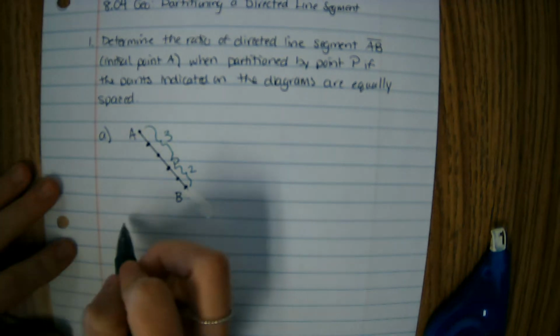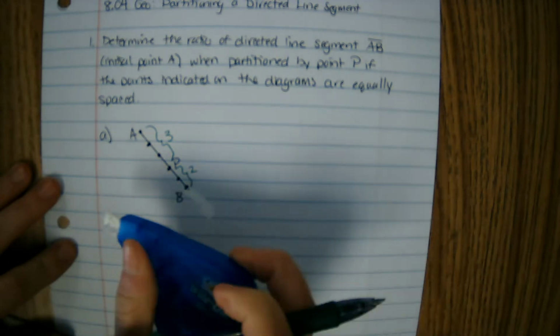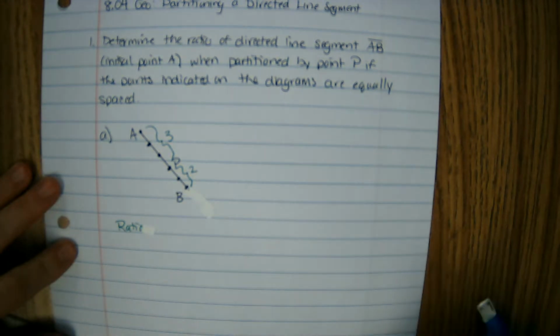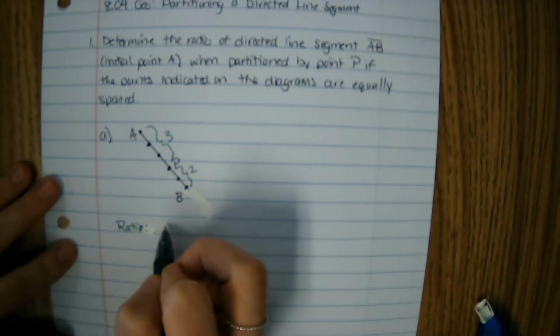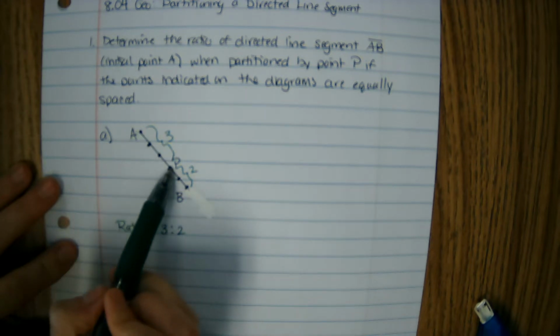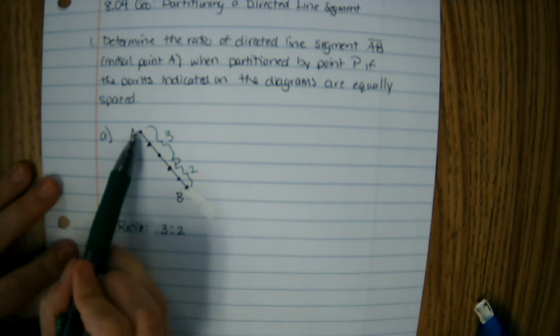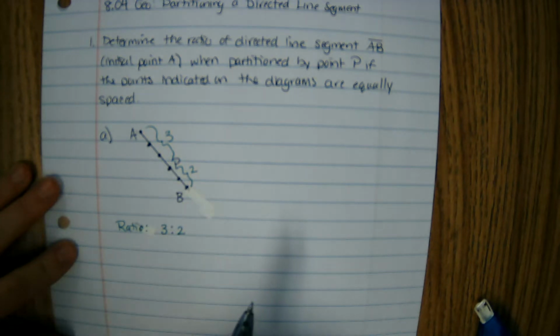So the ratio for this one would be a ratio of 3 to 2 because we're going from A to P and then P to B. So we have 3 spaces and then 2 spaces.